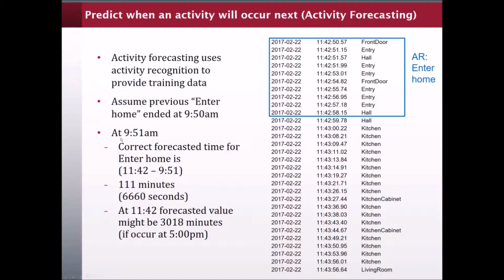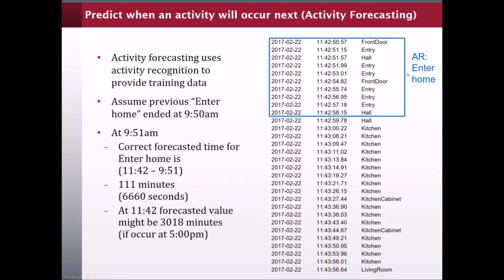At 9:51, then, an activity forecaster would ideally determine that the forecasted time for the next Enter Home activity is at 11:42 a.m., as we see here in the data. Therefore, the forecasted delay until Enter Home will occur again is the difference in time between 11:42 and 9:51, or 111 minutes.